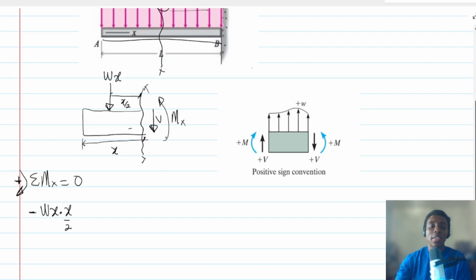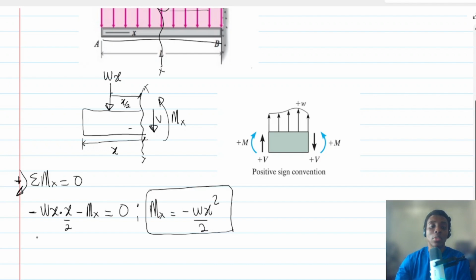However, the moment which is already there, the Mx, is also going anti-clockwise, so it's also going to be minus, should be 0. All right, so from here we can write that Mx is minus wx squared over 2. So this is the moment that we want.